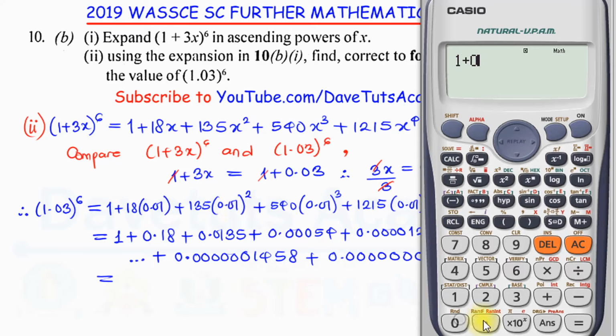We have 1 plus 0.18 plus 0.0135 plus 0.00054 plus 0.00001215, plus the next entry, plus this last entry.